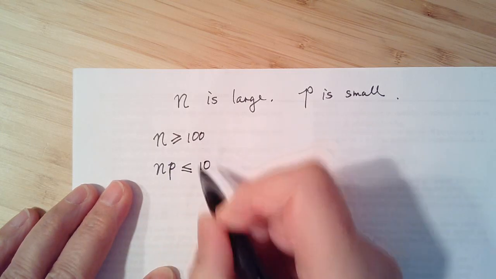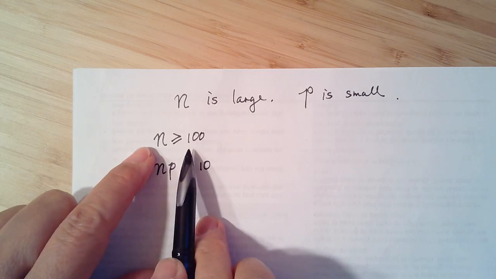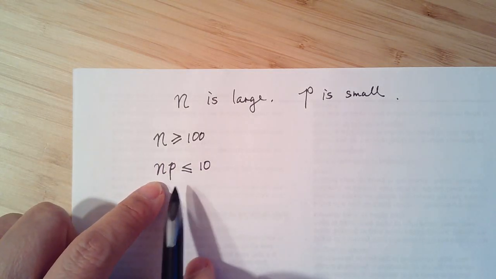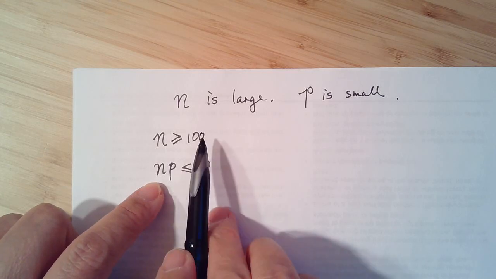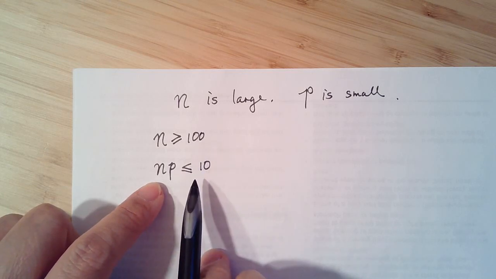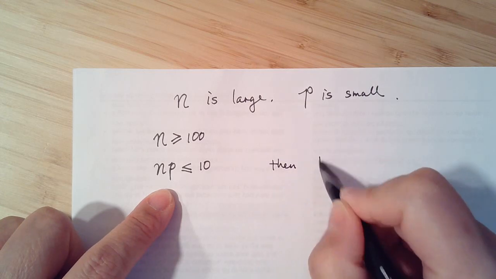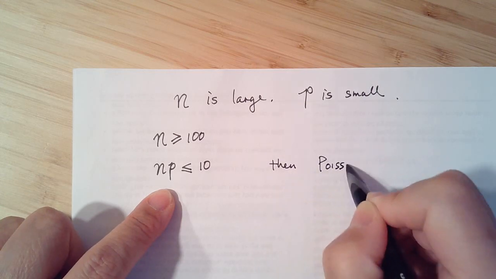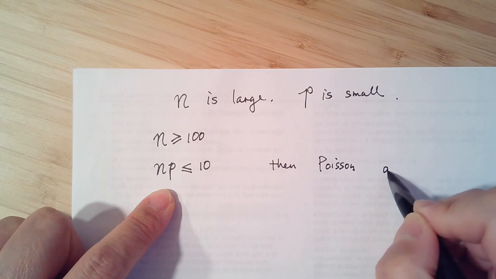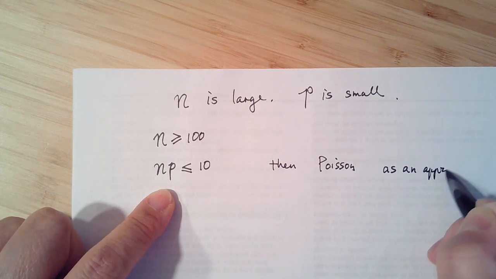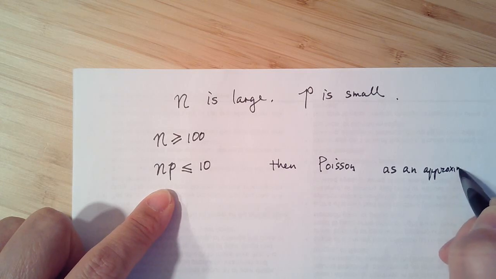If both requirements are satisfied, then you can use Poisson as an approximation to the binomial.